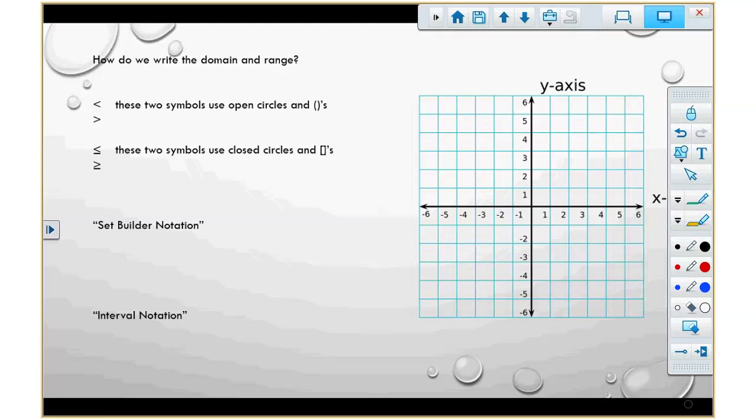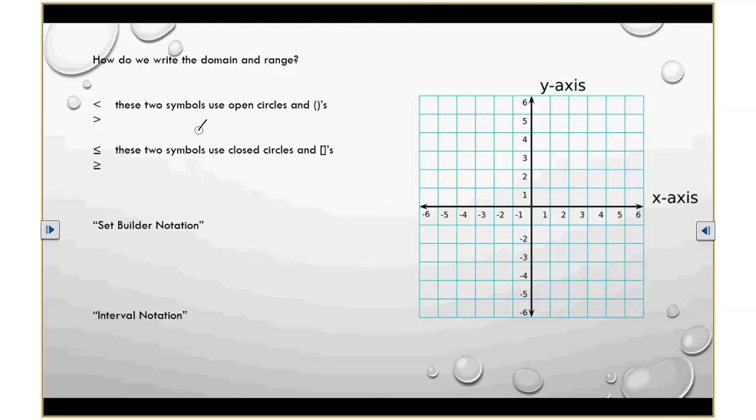So if I want to write the domain is x greater than 3, then that's going to be x such that x is greater than 3, and if I was going to write that in interval notation, I would use parentheses.